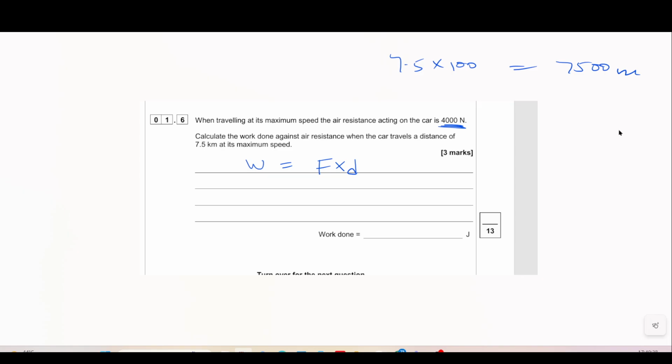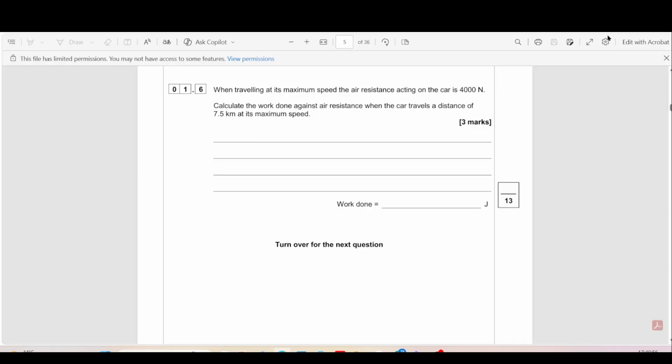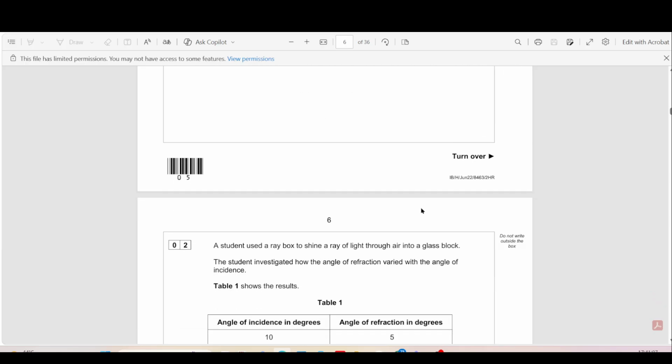So 4,000 times 7,500 equals 30 million. Yes. Which is 30 megajoules, because mega means 10 raised to the power 6 joules.